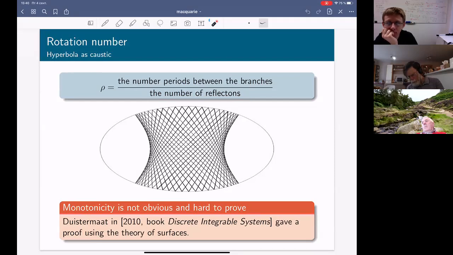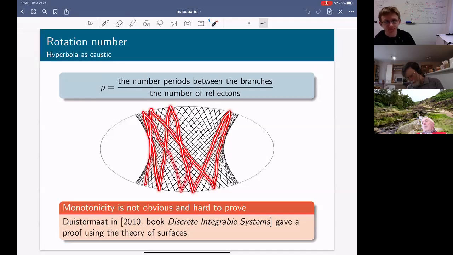What is the number of periods between the branches? Each billiard particle will always go in between, and we count along the trajectory the number of times that the particle went left and right between these two branches of the caustic.